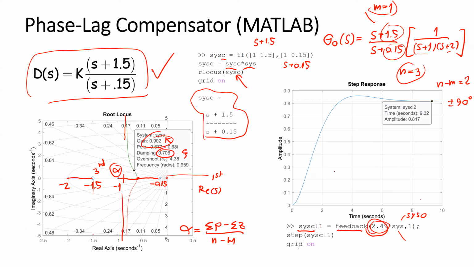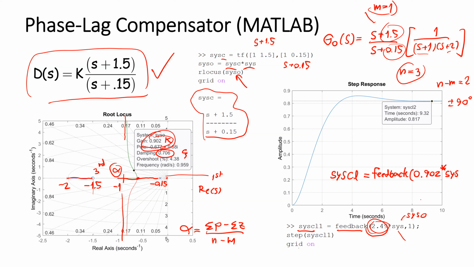You need to compose the CCL, or the closed loop transfer function, by the command feedback. And the gain that we use is going to be 0.9 multiplied by the open loop transfer function.